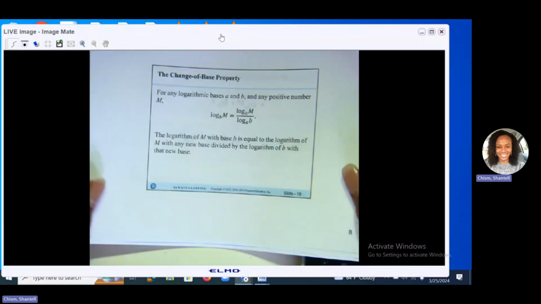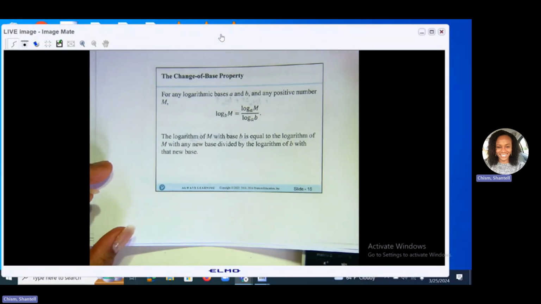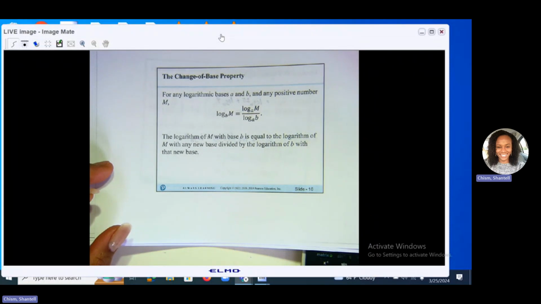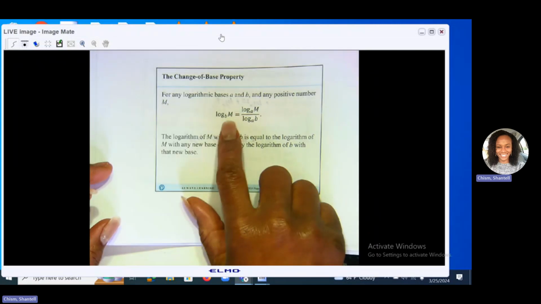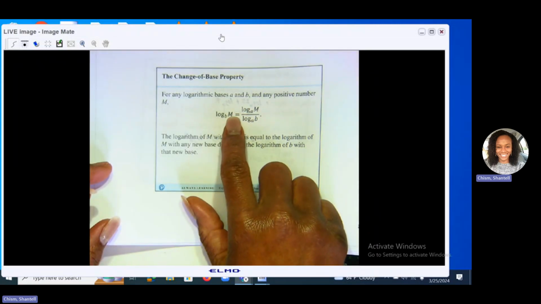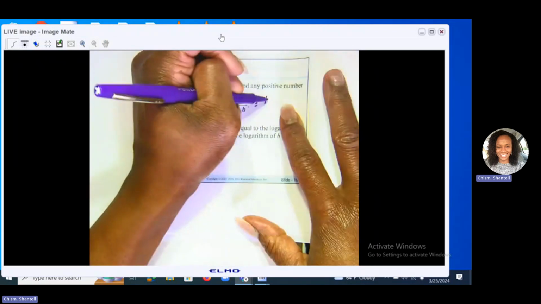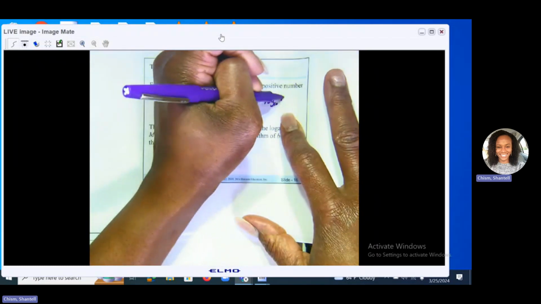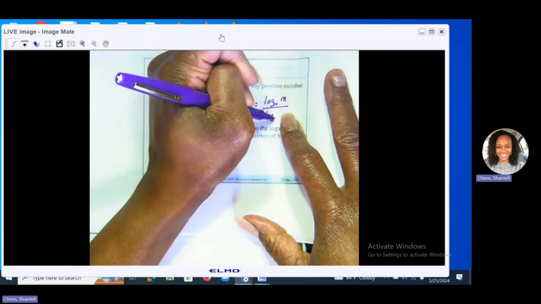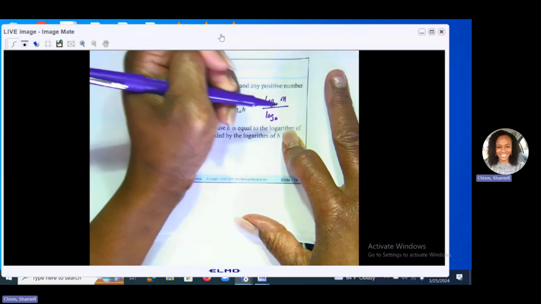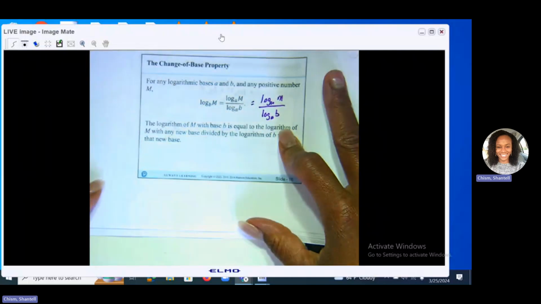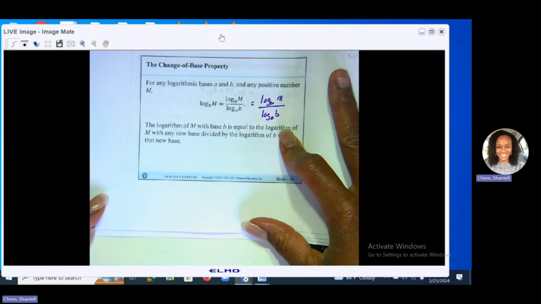So just recalling the change of base property, I showed you this in 3.1, but it's really talked about in 3.2 here. So log base b of m, this is where we can change it to base 10, and we can simply say log base 10 of m over log base 10 of b. Change of base.